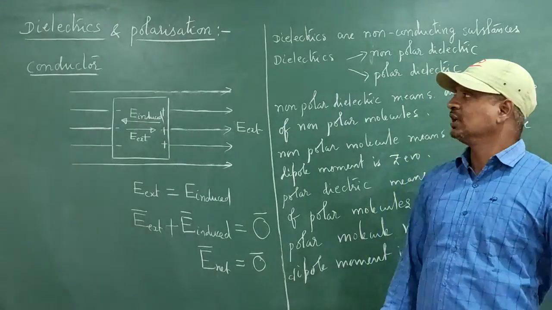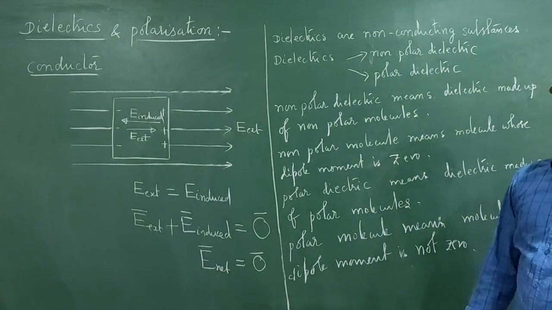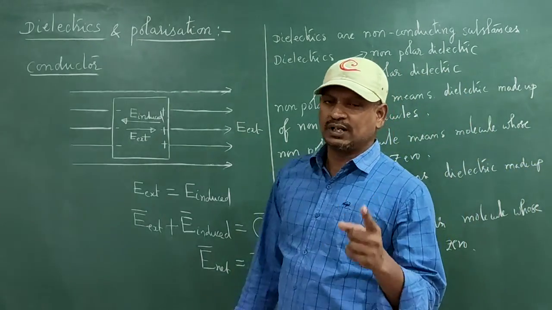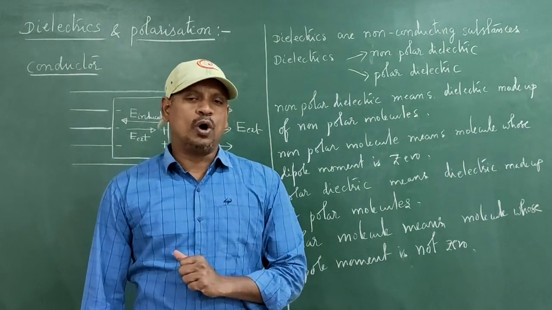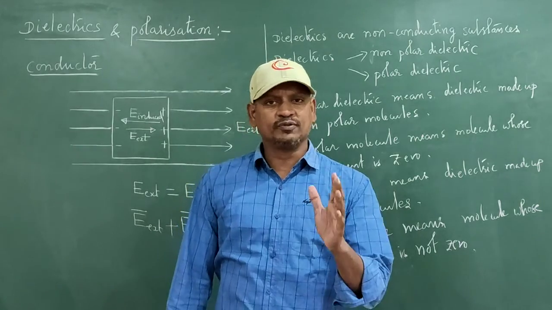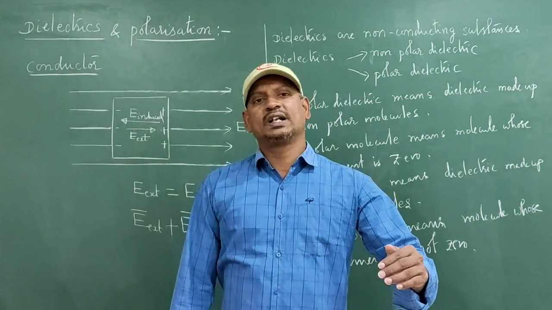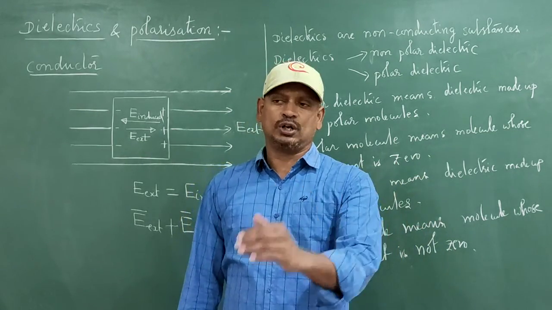Basically, dielectrics are non-conducting substances, and they are of two types: non-polar dielectrics and polar dielectrics. A non-polar dielectric is made up of non-polar molecules. A polar dielectric is made up of polar molecules.